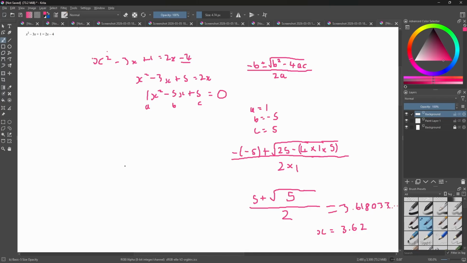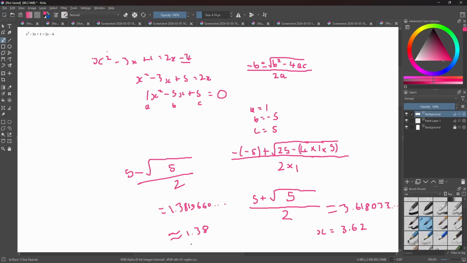We have, of course, 5 minus root 5 over 2, because it's all the same apart from this sign here. And that is going to give us 1.381960 and so on, which is going to roughly equal 1.38.